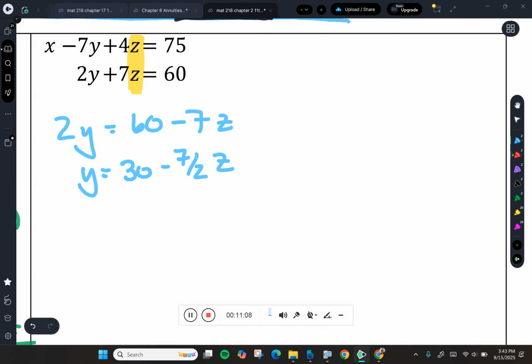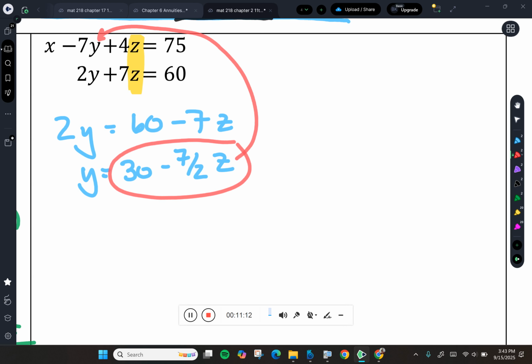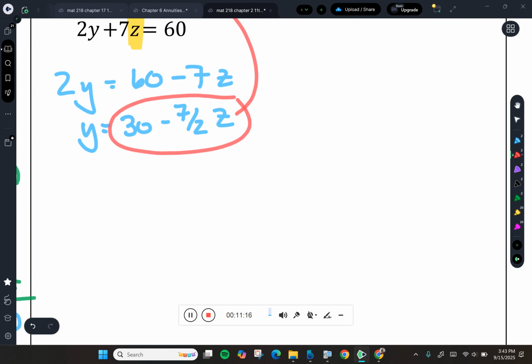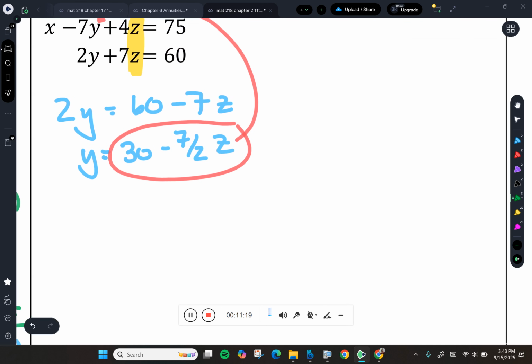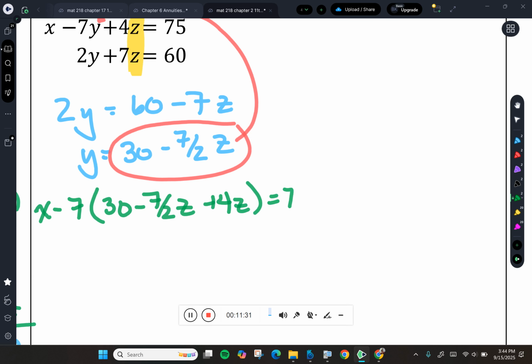I'm going to take that answer and back substitute into the first equation to solve for x in terms of z. And so that's going to give me x minus 7 times 30 minus 7 halves z plus 4z equals 75.